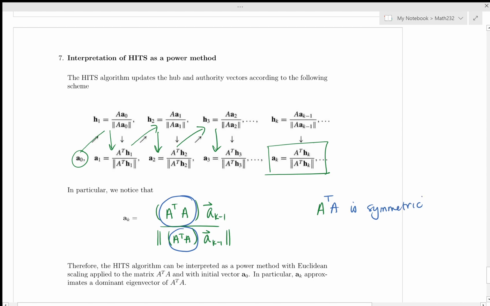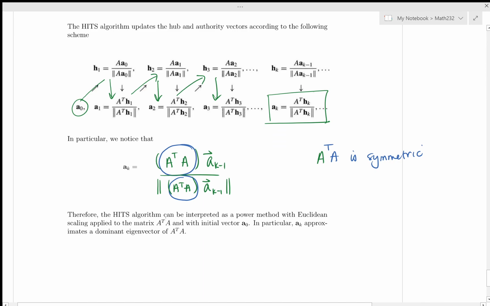So our theorem that we started with in the beginning, saying that if we have a symmetric matrix, we will converge onto the dominant eigenvector, it holds. That's what's so nice. Really this algorithm is a power method with Euclidean scaling applied to the matrix A transpose A, where in this internet search idea, A is the adjacency matrix for your text-based search.